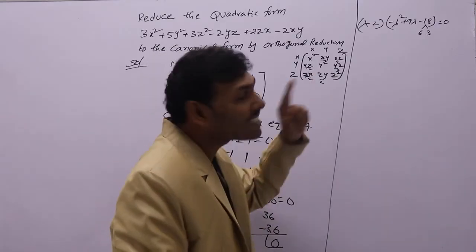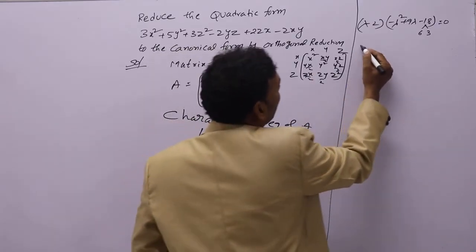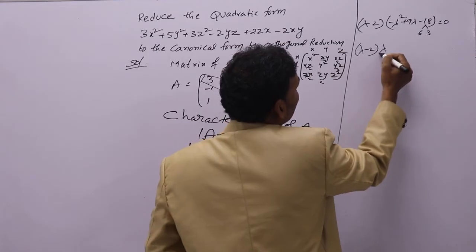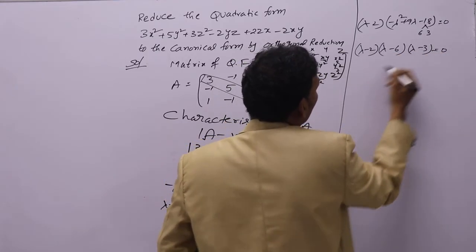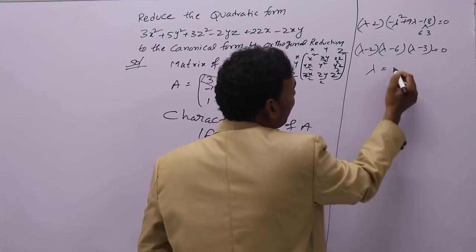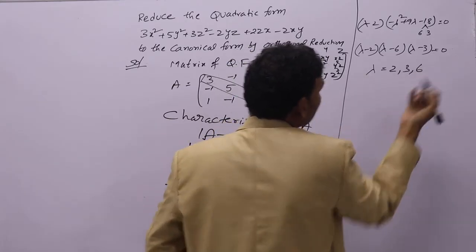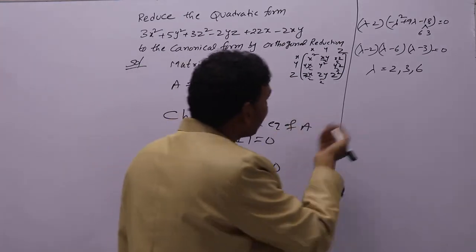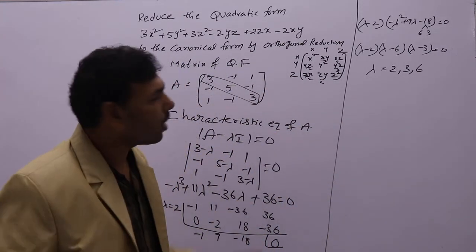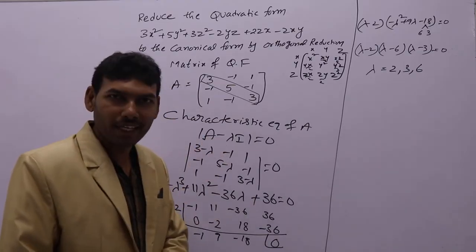That's why you need to take 6 and 3 here. Now the factors will be lambda minus 2, lambda minus 6, lambda minus 3 equal to 0. Then what you will get? Lambda values 2, 3, 6. These are the eigenvalues.